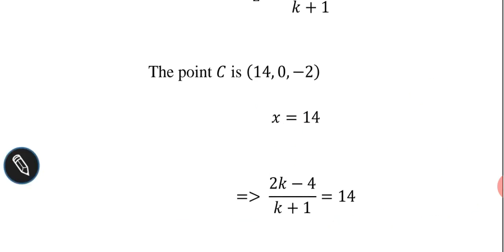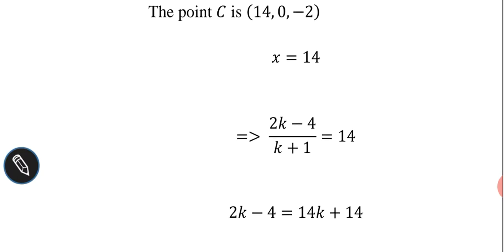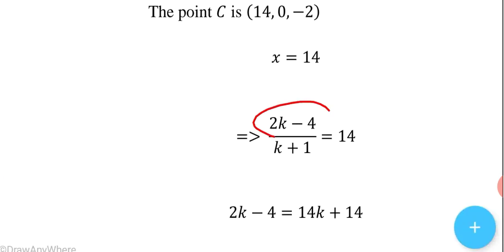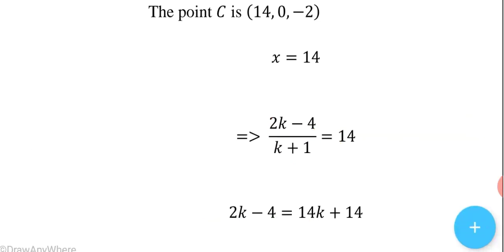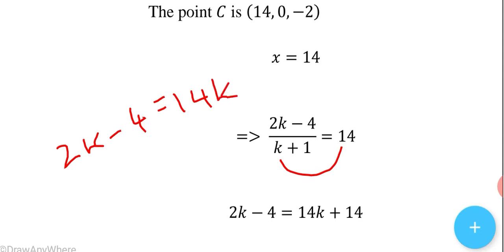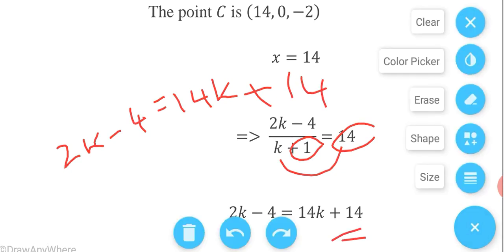So (2k minus 4) divided by (k plus 1) equals 14. Now cross multiplying, 2k minus 4 equals 14 into (k plus 1). So 2k minus 4 equals 14k plus 14.